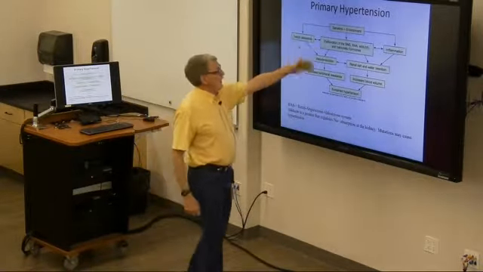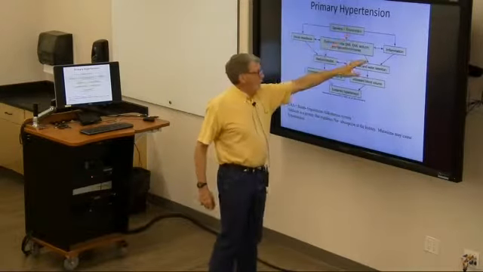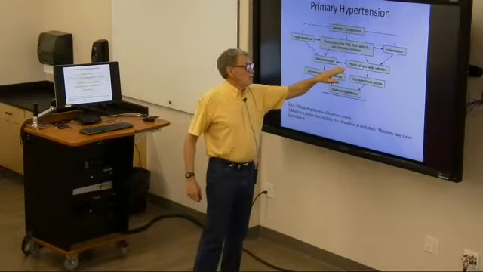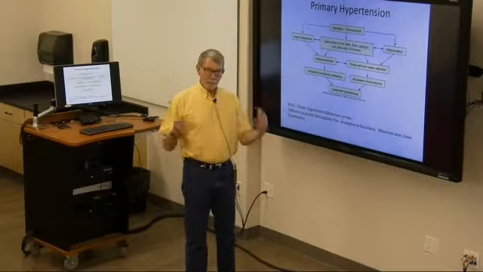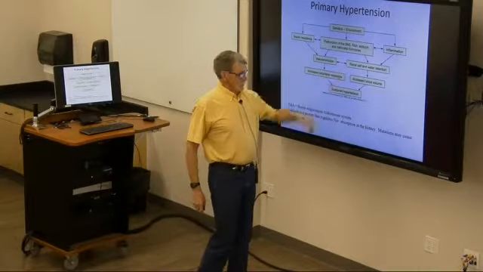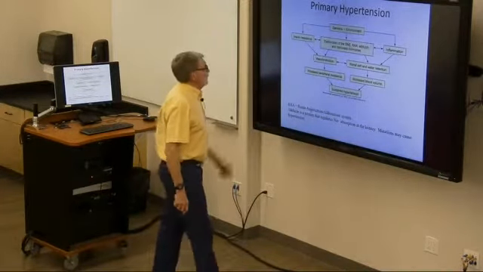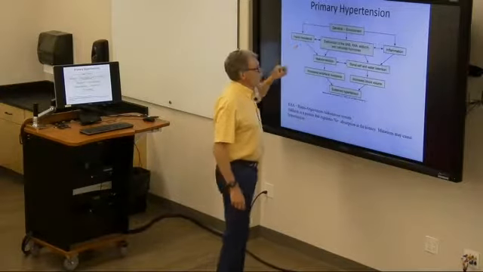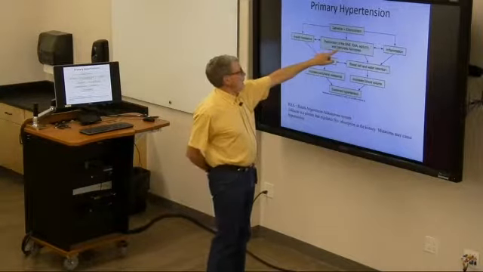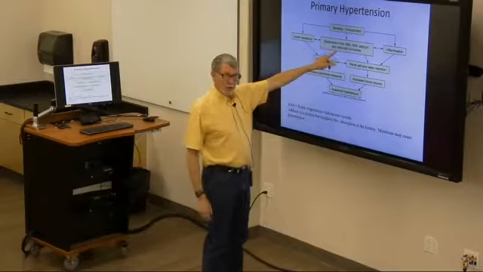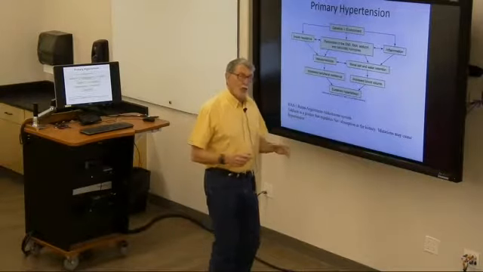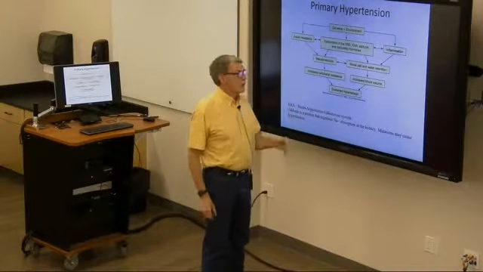Primary, genetics, environment. Inflammation, which results in vascular problems, water retention, insulin resistance. Here we have dysfunction of the sympathetic nervous system. Sympathetics cause vasoconstriction and your blood pressure to go up.